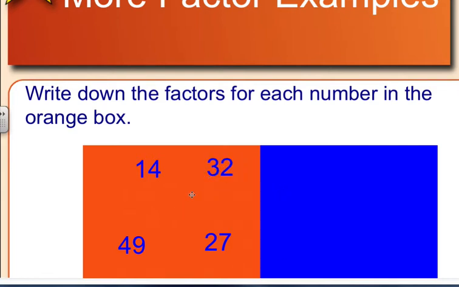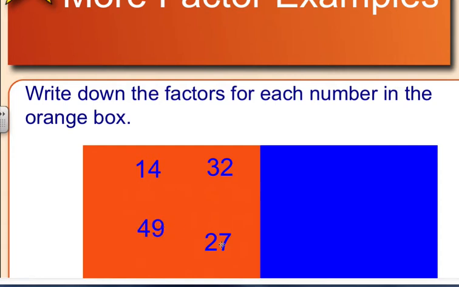For 49, hopefully you got more than just 1 and 49. We have 1 and 49 and 7 and 7. Or you could have just put 1, 49, and 7.